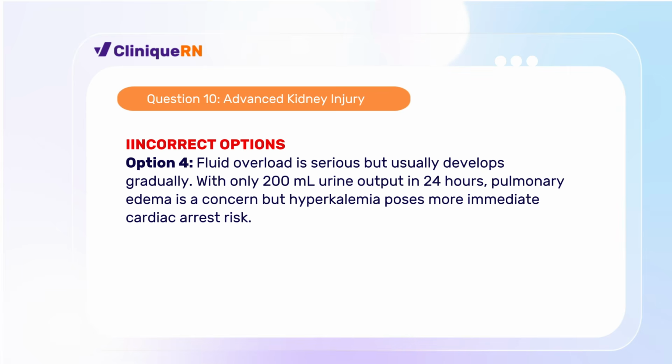Option 4. Fluid overload is serious, but usually develops gradually. With only 200 milliliters of urine output in 24 hours, pulmonary edema is a concern, but hyperkalemia poses a more immediate cardiac arrest risk.